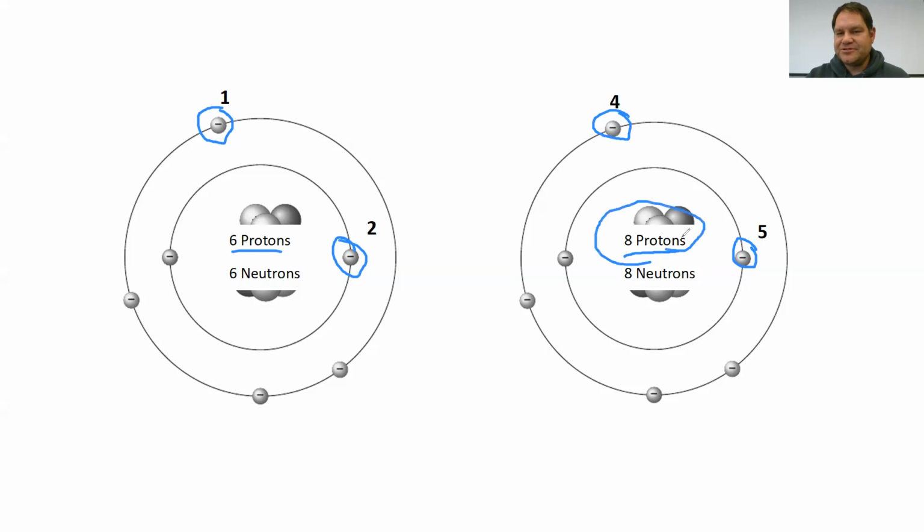As the nuclear charge increases, so does the attraction between the electrons and the protons. Okay, all right, so keep that in mind. These principles are really important, and they will be applied to many situations when it comes to understanding the properties of an element and those attractions between the nucleus and the valence electrons.